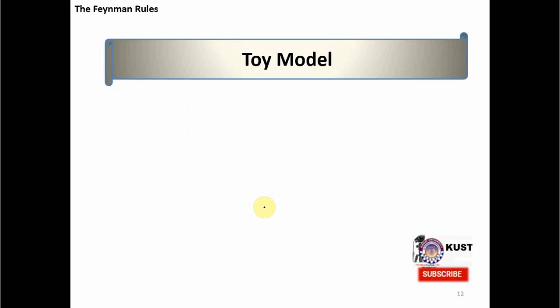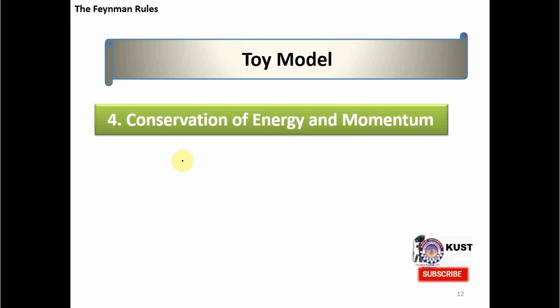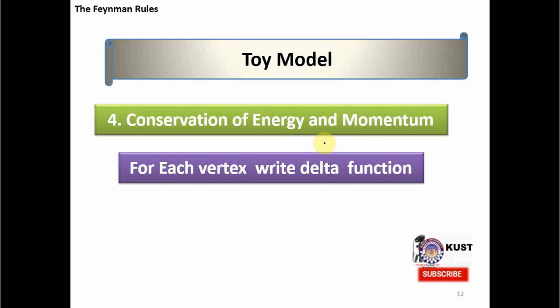Okay, so once this is done, the next thing is the conservation of energy and momenta for the incoming and outgoing lines. So you know that energy and momentum has to be conserved, and to make this conservation we have to write a delta function. So for each vertex we write down a delta function. This delta function, as we have also seen in the Fermi golden rule example, is (2 pi)^4 delta^4 (k1 plus k2 plus k3).